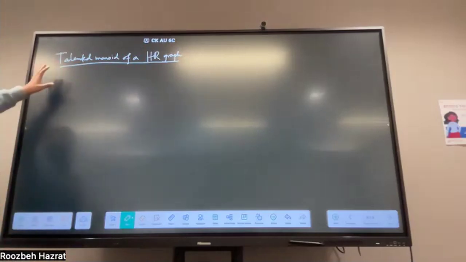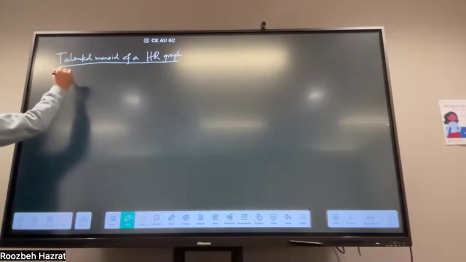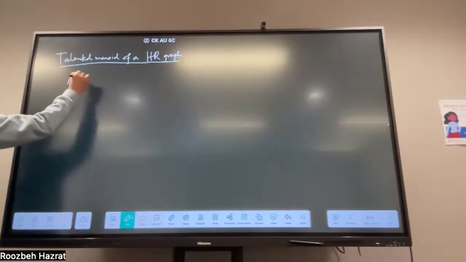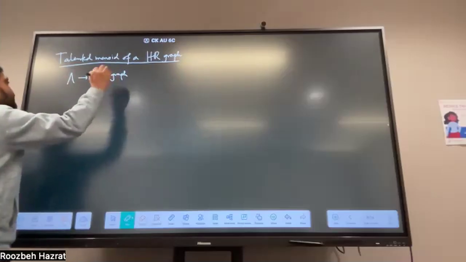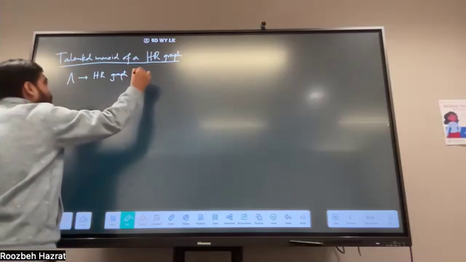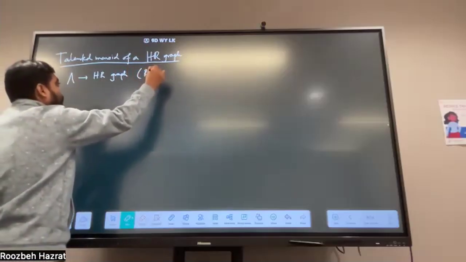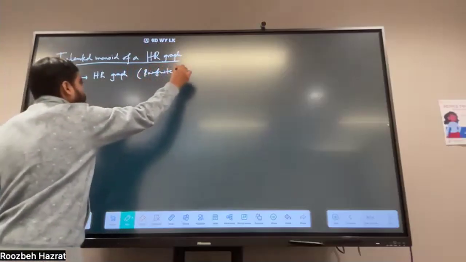And these talented monoids are the positive cone of the graded K-theory. So the definition is like this. Suppose you have a higher rank graph. We have taken this graph to be row-finite and without sources.